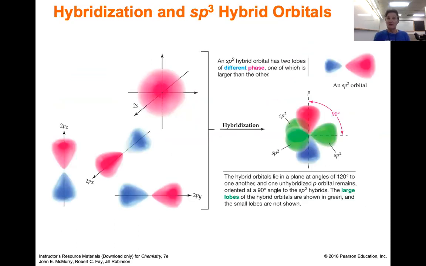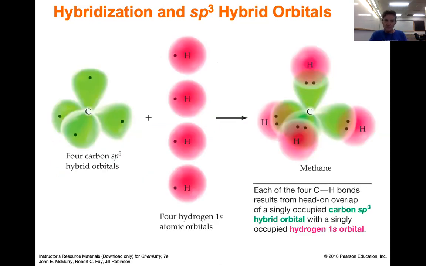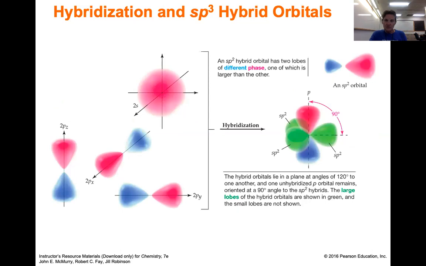So another type of hybrid orbital is an sp2. So sp3 meant we added an s orbital and 3 p orbitals. Now if it's sp2, it means we're going to add an s and only 2 of the p orbitals. We will come back and talk about this.